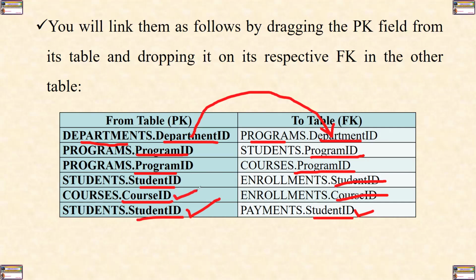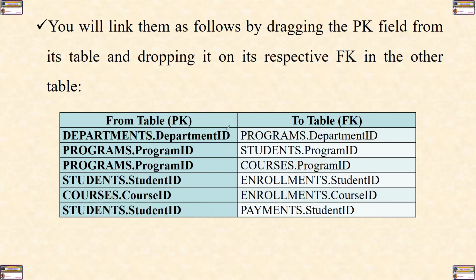Course ID is primary key in courses table, but it is a foreign key in enrollments table. And the same applies to the others. Department ID is primary key in departments table, but it is a foreign key in programs table. So you link primary keys to their respective foreign keys.